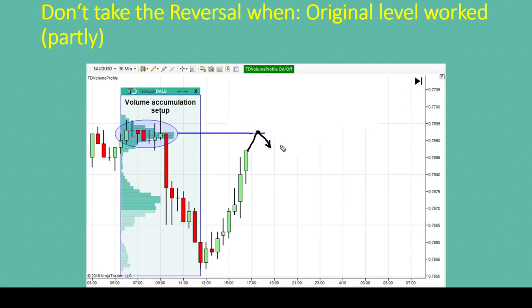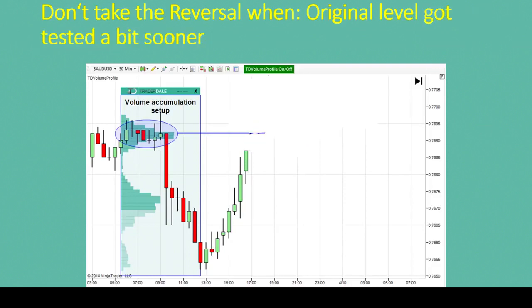So if the price goes past the level, then again you don't take the reversal, because the price already made the reaction. It made a smaller reaction, but there was a reaction. So the level worked, and there's no point in trading the reversal. You only trade the reversal when the level doesn't get respected and the price goes past it.